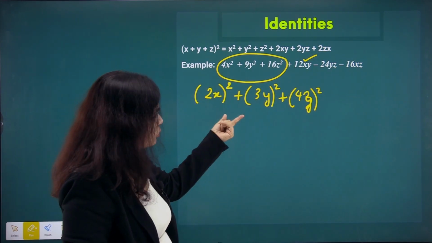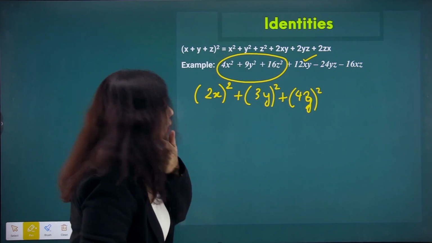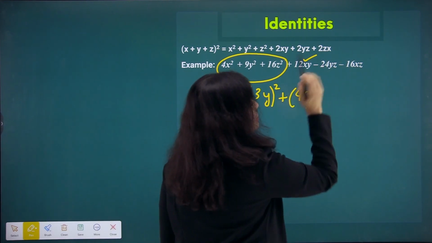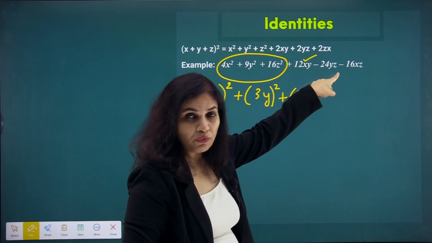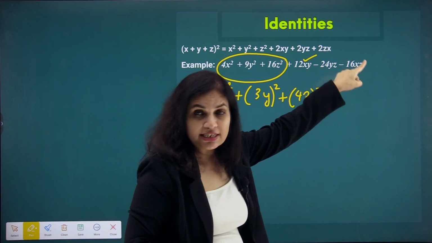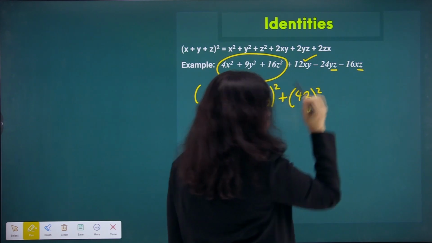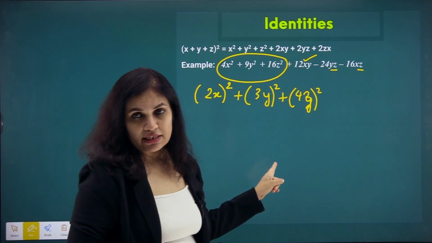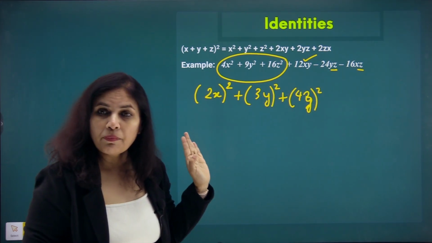So, which term could be negative, y or z? We have to decide that, and to decide that we have to see which two terms are negative. The two negative terms are minus 24yz and minus 16xz. In both the negative terms, this z is common. The common term always makes it negative, because we've already seen that x and y are positive.